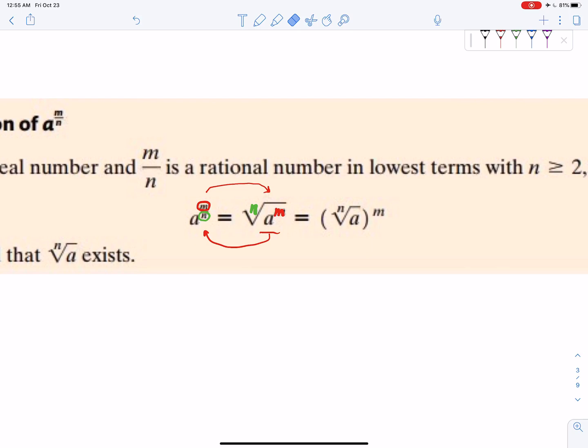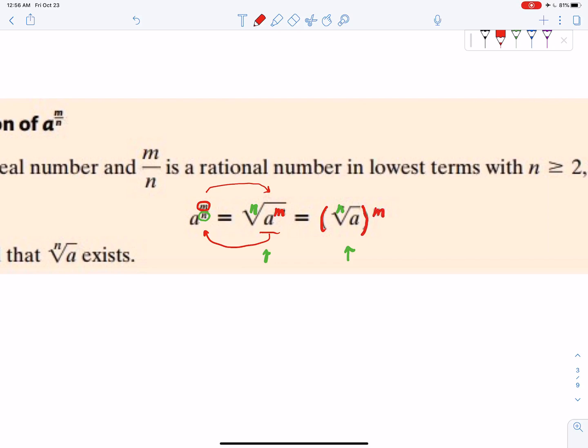Now, what is this business over here? Well, this business over here is just saying you have your options. You can simplify it like this, option number 1, or you could simplify it like this, option number 2. And in this case, the denominator is still the index. You have your a, your radicand, that goes inside. But instead of raising a to the m power, we're going to raise the whole expression to the m power.